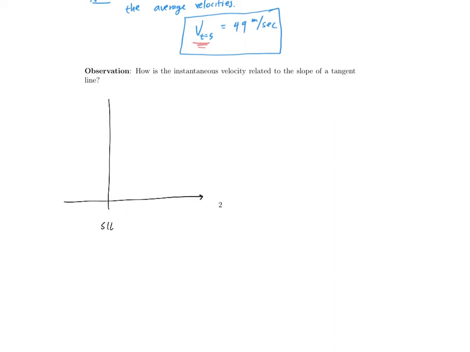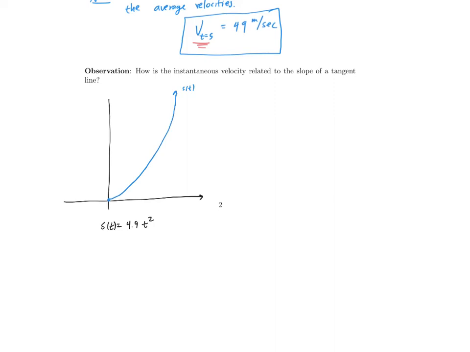So s of t is 4.9 t squared. Roughly speaking, if I sketch this for positive values, we start off at the point 0, 0, and we have a generic parabola opening up as we move to the right. So this would be the graph of s of t.